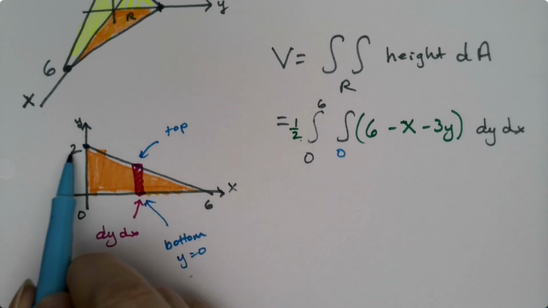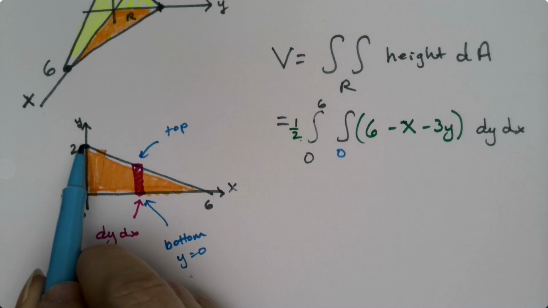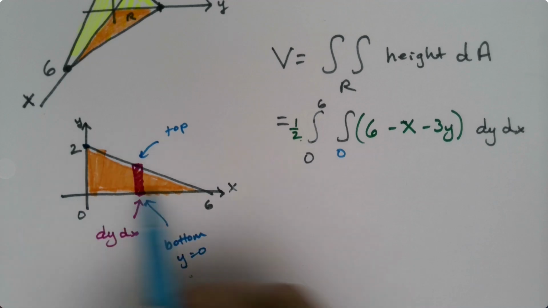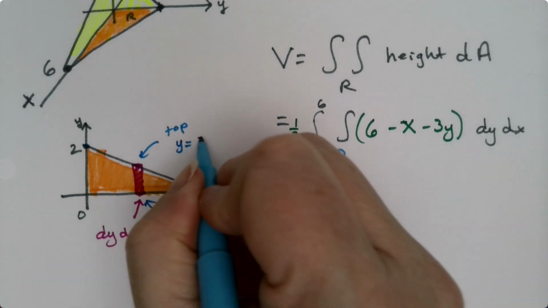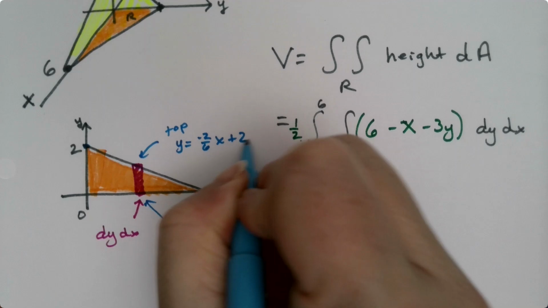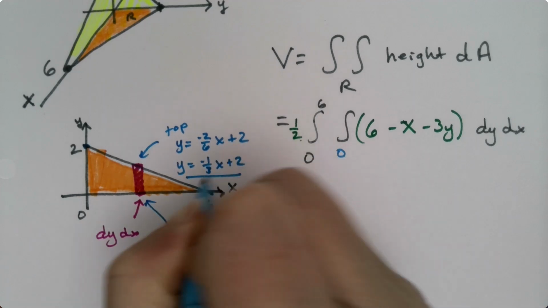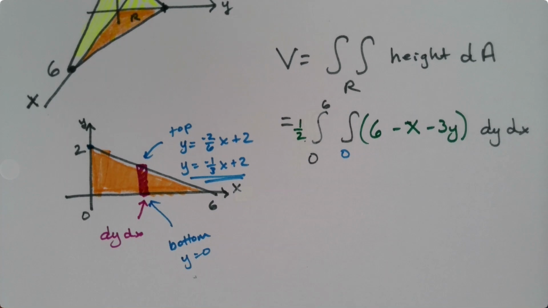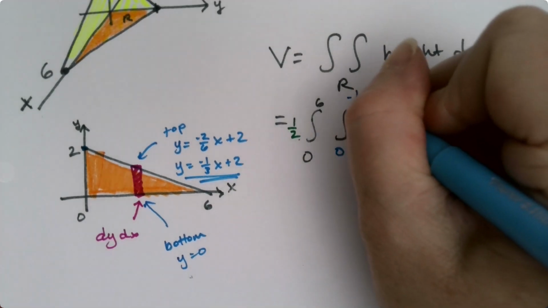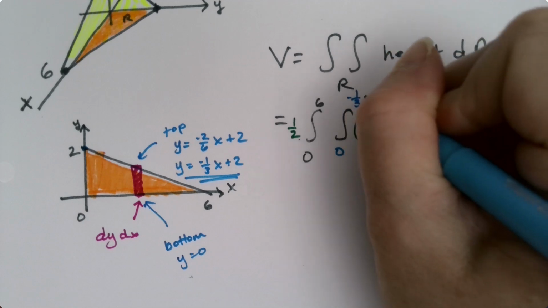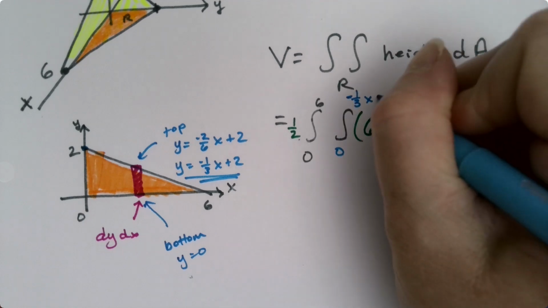Because we have a y-intercept of 2. We go down 2 over 6. Rise over run. So y equals negative 2/6 x plus 2. In other words, y equals negative 1/3 x plus 2. I remember Algebra 1 class. Hooray. So this is negative 1/3 x plus 2.